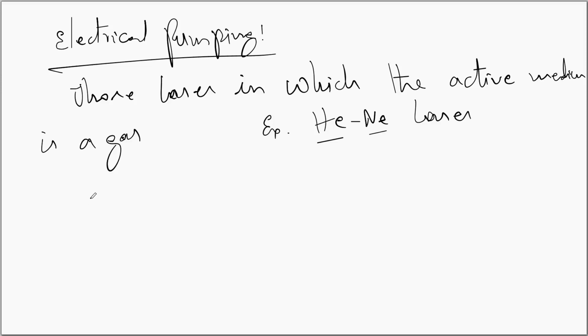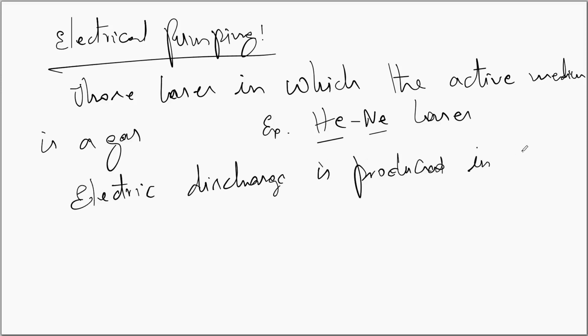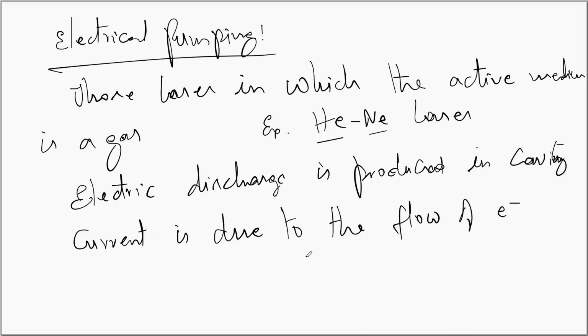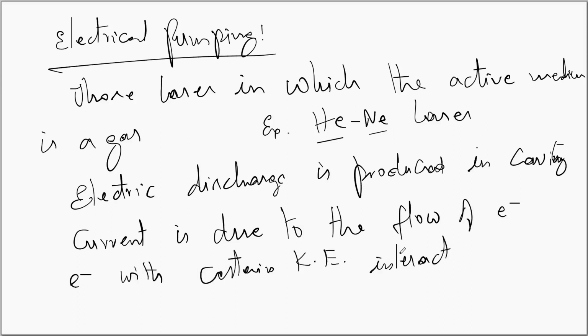In the case of electrical pumping, electric discharge is produced in the cavity. And when you have the electric discharge, you have a current. And the current will be due to the flow of electrons. These electrons possess a certain amount of kinetic energy, and with that kinetic energy they interact with the gas molecules or atoms.